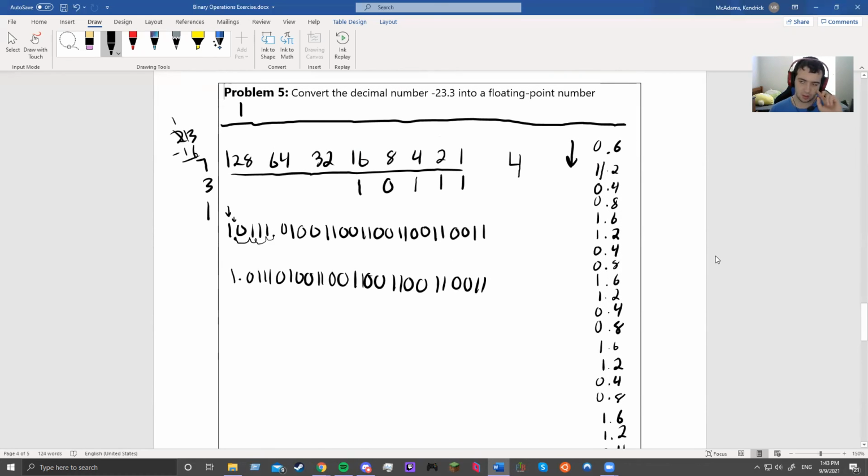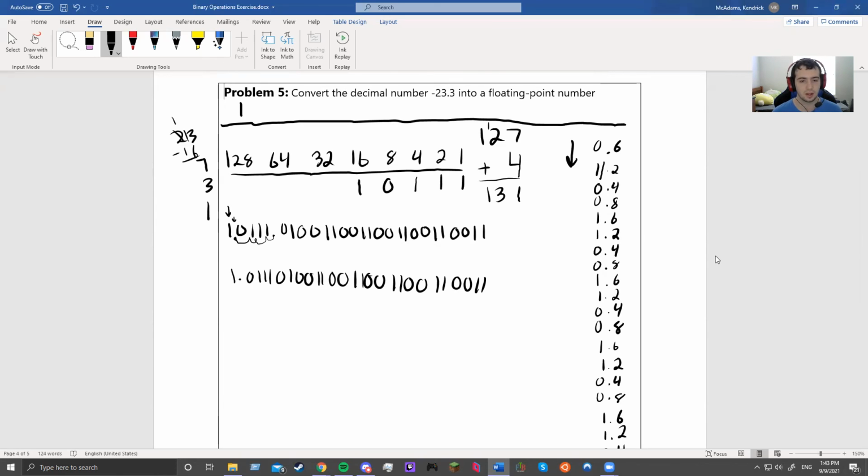So now it's time to find the exponent portion. What we are going to do is add 127 to the 4 that we just found by counting how many spaces we had to move the decimal. So 127 plus 4 equals 131. Now we have to convert this into binary form.